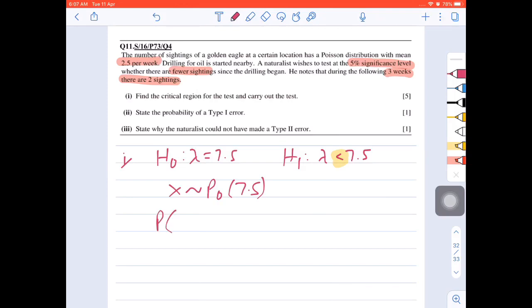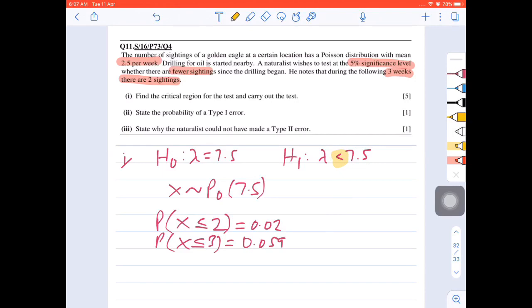So we have to find the lower values whose probabilities add up to 0.05. So probability of X less than or equal to 2 will be 0.02. Probability of X less than or equal to 3 is 0.059.